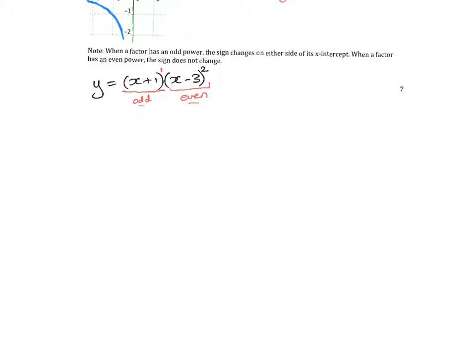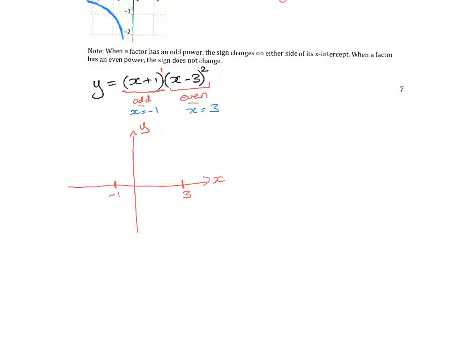Now you could draw this using Desmos or your GDC, but you'll see what will happen is this. Hopefully you know that according to each of these factors, the first one is x equals -1, the second one is x equals 3. So that means the x-intercepts are at -1 and 3.